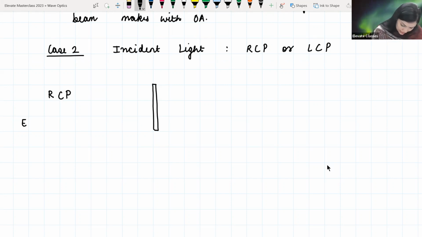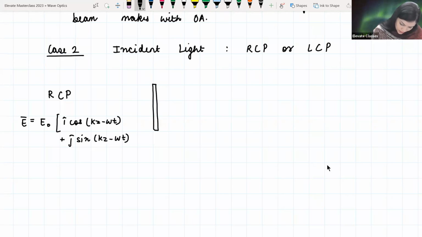So how did we write RCP? We wrote the electric field like this. Okay, so this is the incident electric field, which is a beam which is right circularly polarized. Now this is incident on my half wave plate. So what will I get at the output? What will the half wave plate do again?